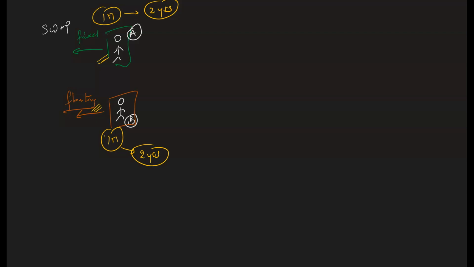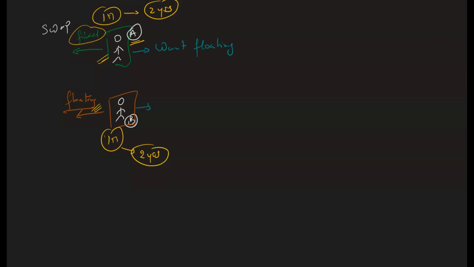So these two parties may enter into an agreement that allows them to exchange this stream of cash flows in order for A to transform this fixed liability into a variable liability that they really want. So A has a fixed, but wants a floating.